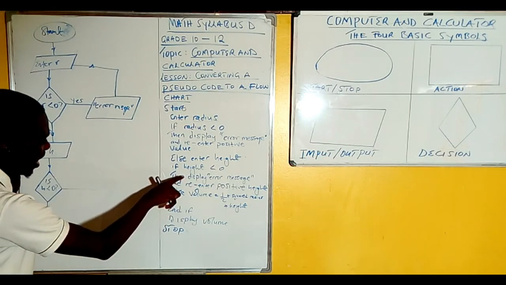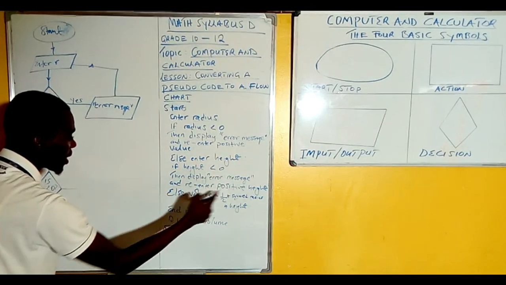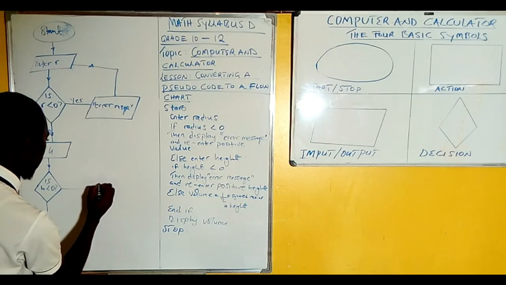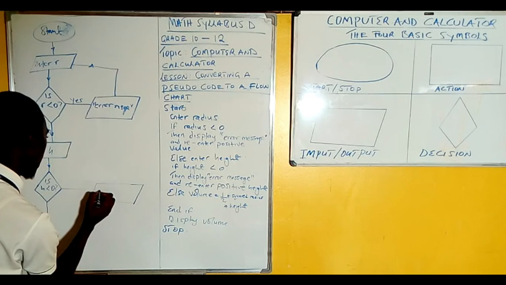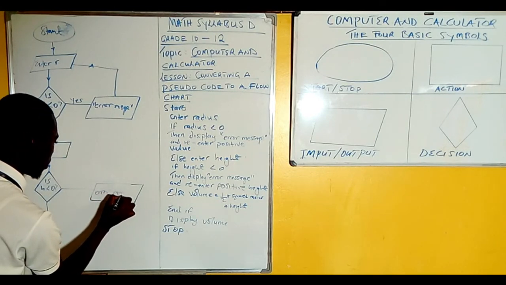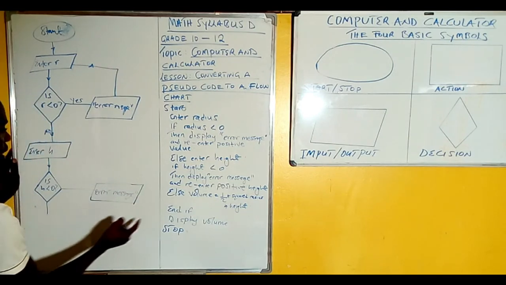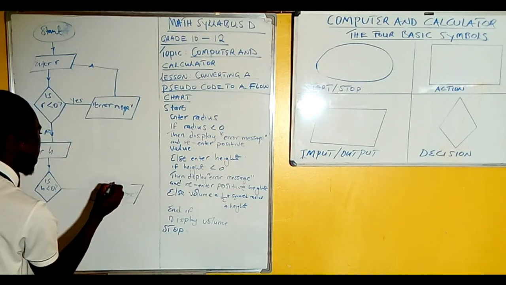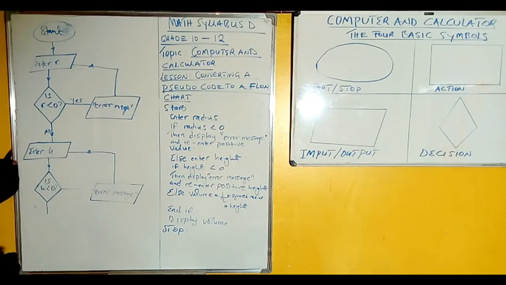If height is less than 0, then display error message and re-enter positive height. So also here we are displaying the error message. You put it as it appears there. Then they are saying and re-enter positive height. So they are saying re-enter. So you go back and re-enter the correct height here.